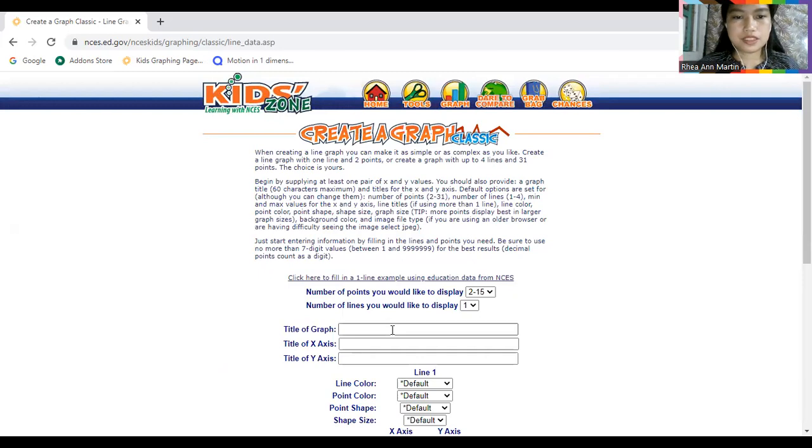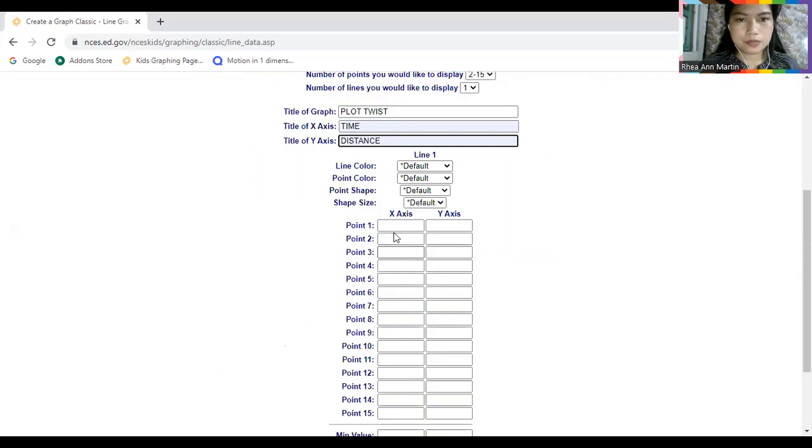So let's say the title is but please. X-axis is time and distance. So the points in here, point natin dyan, 0 sa time, 0, 20, 40, 60, 80 to 100.